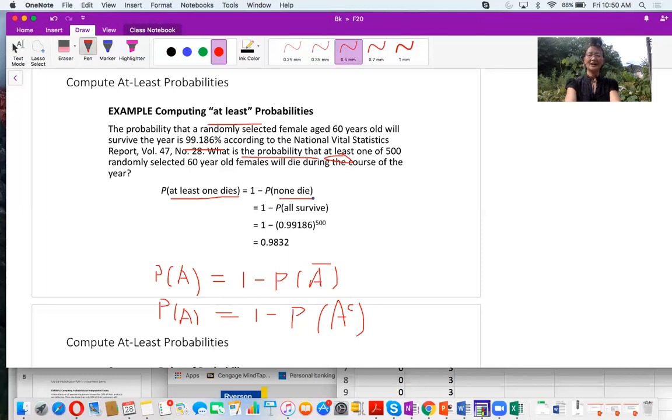Okay, and nobody dies is the same as all people survive. The probability of each person surviving is 0.99186. All 500 people survive, so raised to power 500. So how do we calculate this one?